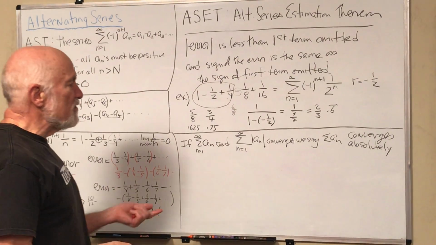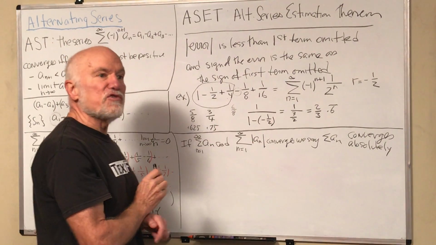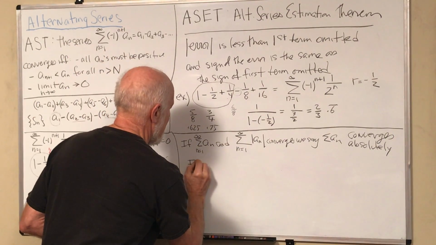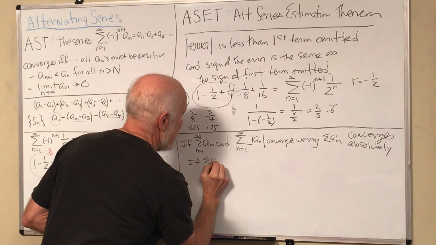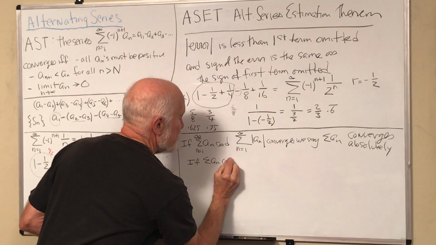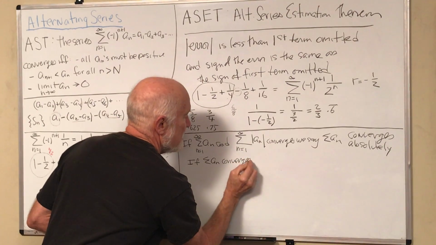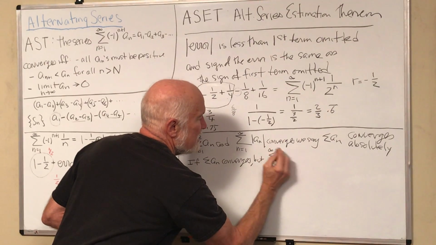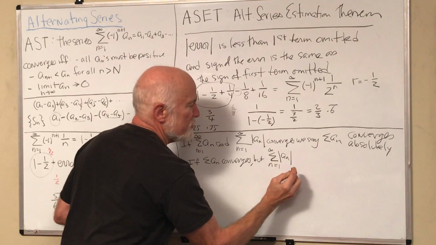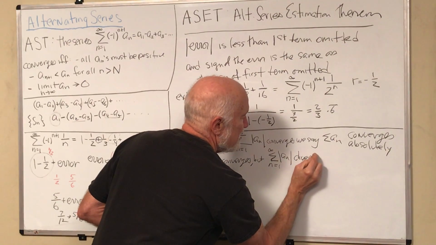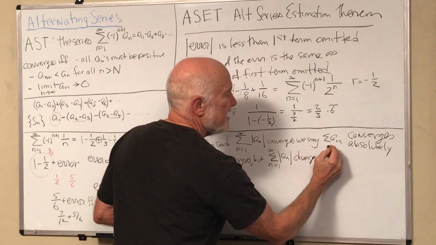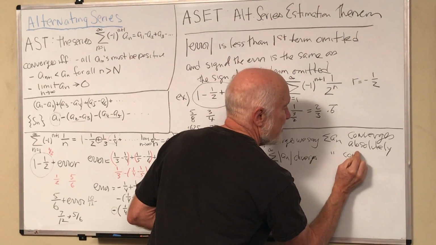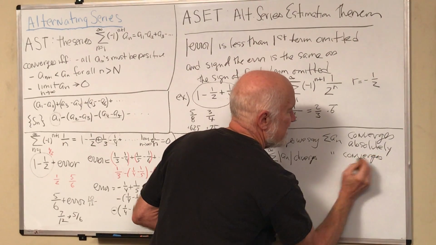So it converges absolutely if it converges with all positive terms. If a sub n itself converges, but it doesn't converge with all positive terms, then we say that the summation of a sub n converges conditionally.